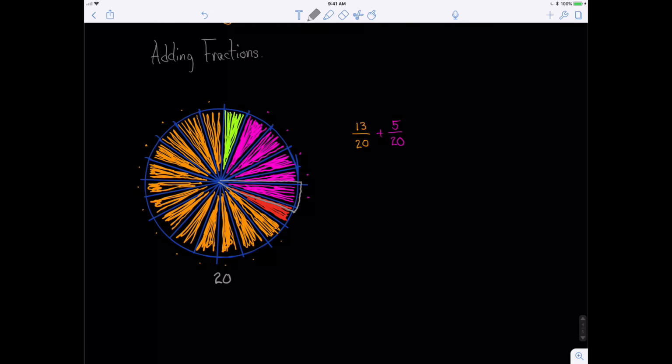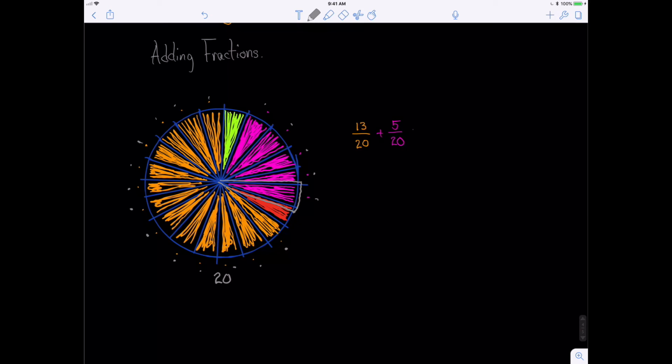And the most simple way to do that is just to start counting. So I have 1, 2, 3, 4, 5, 6, 7, 8, 9, 10, 11, 12, 13, 14, 15, 16, 17. It looks like I have 18 of those.